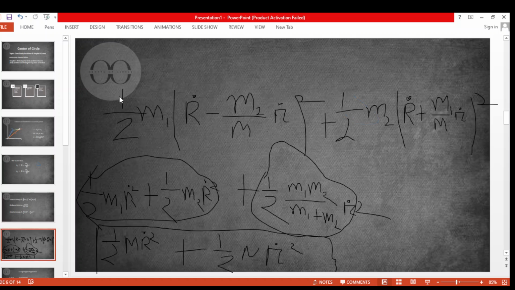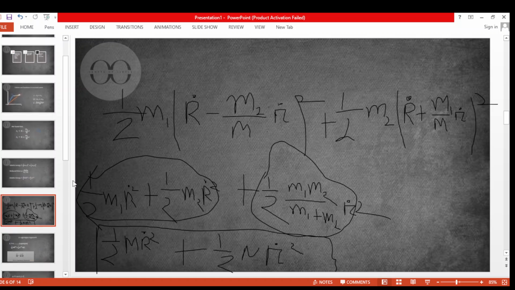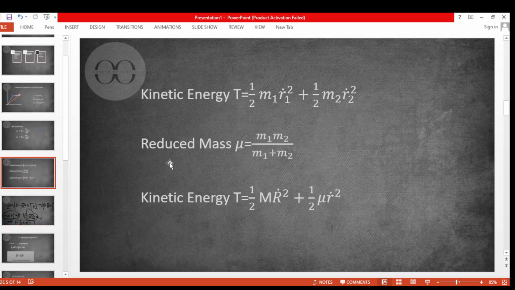After some basic algebra, we came to this equation: half m1 capital R dot square plus half m2 capital R dot square plus this term. This is called the kinetic energy about the center of mass, and this is called the kinetic energy of the center of mass. So these were the proof of this equation from this equation.